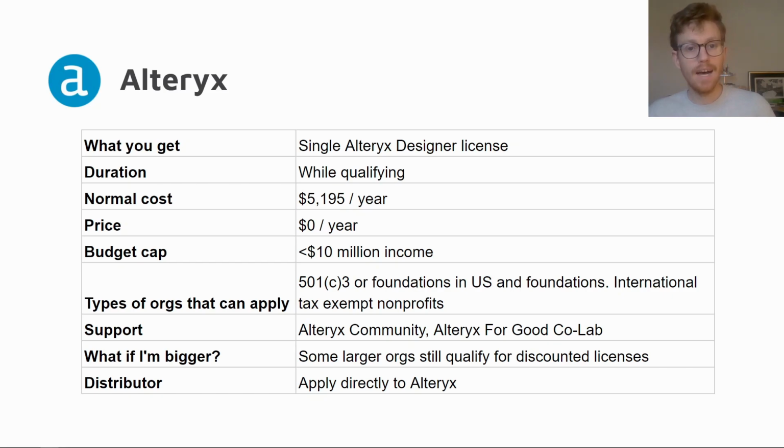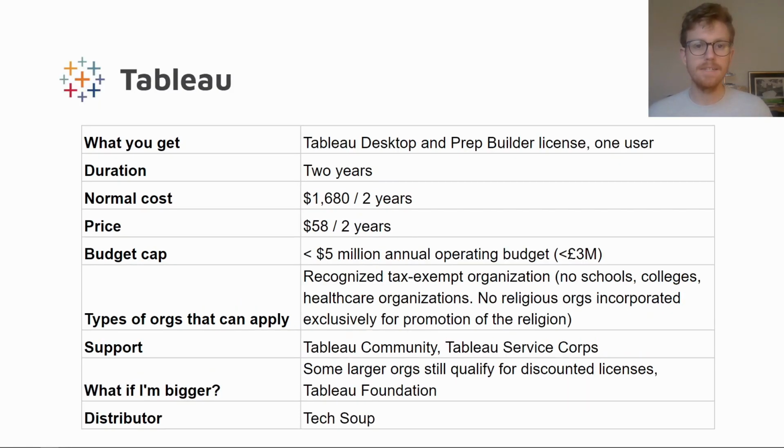Now, once you've got a license, then what? Well, luckily there's a ton of free support that you can also access for both of these. One of them, talking about Tableau again here, is the Tableau Service Corps. So this is a network of Tableau professionals who have offered to donate some of their time helping NGOs get up and running with Tableau and helps them solve problems when they occur.